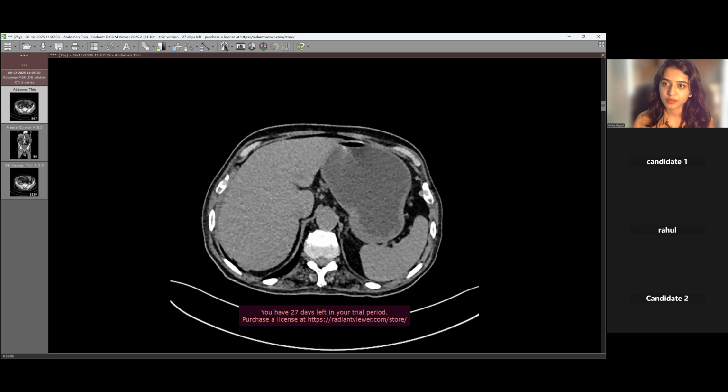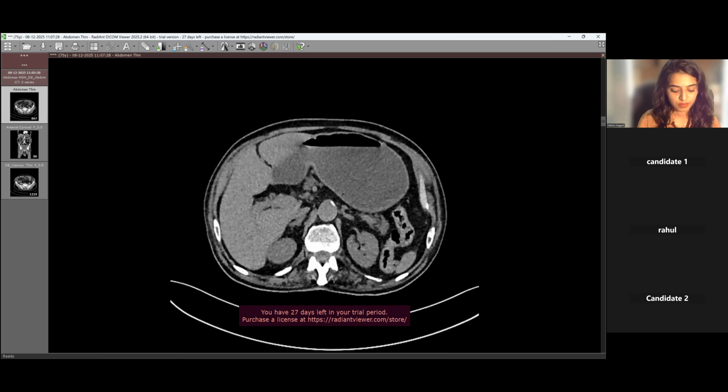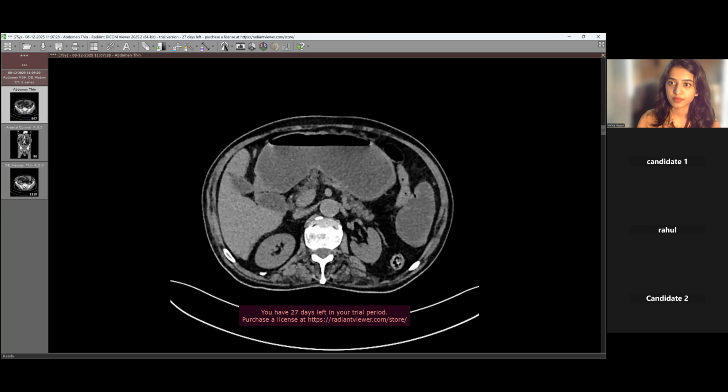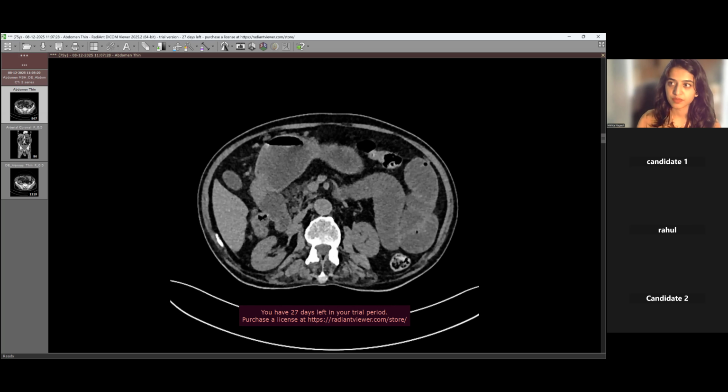These are plain sections, and I will just scroll once. Scrolling is slightly slow, please.